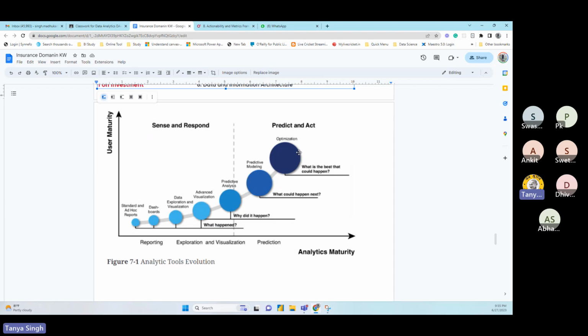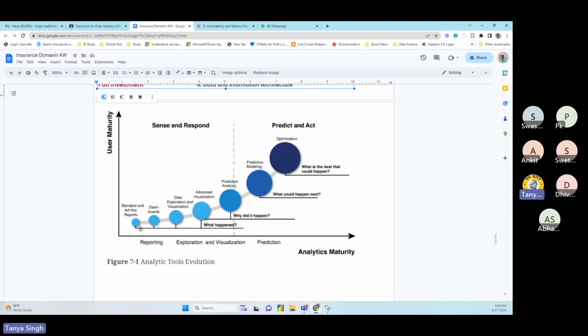I know that five claims come from South Carolina. In the next year, how many claims may come, right? Those kinds of future predictions you can do with advanced machine learning and historical trend analysis and all that. So you see, left to right shows the maturity of the company.